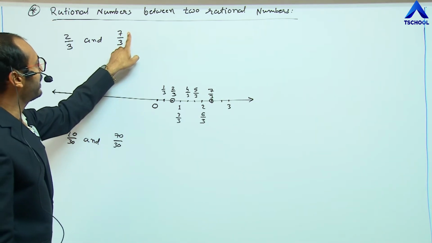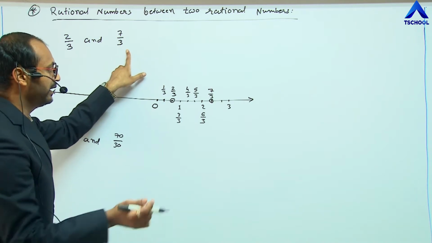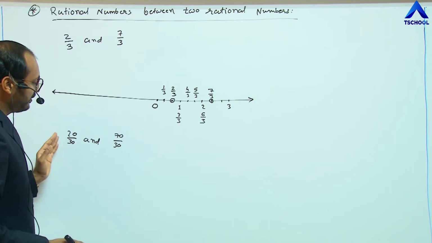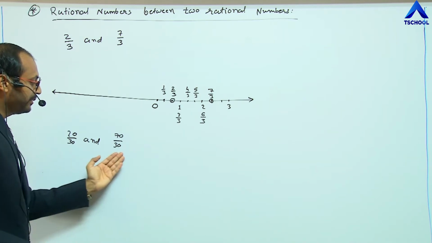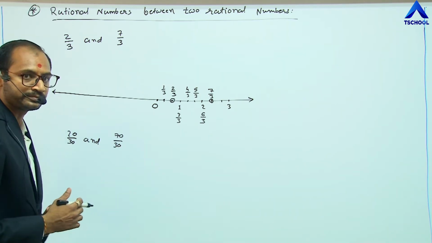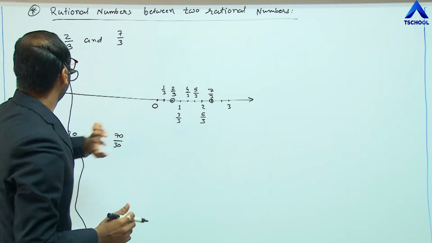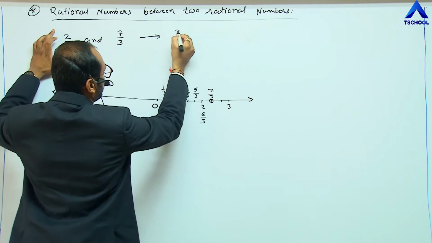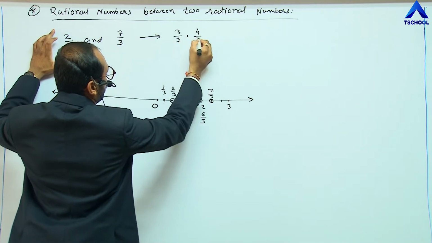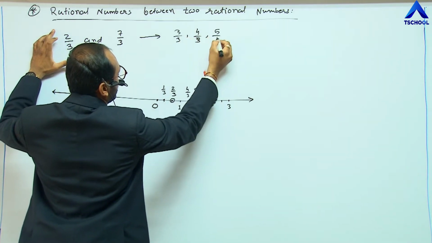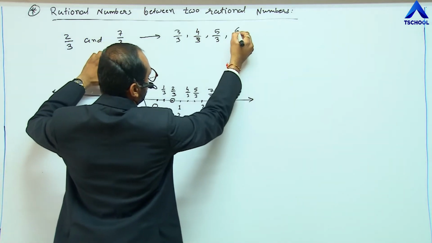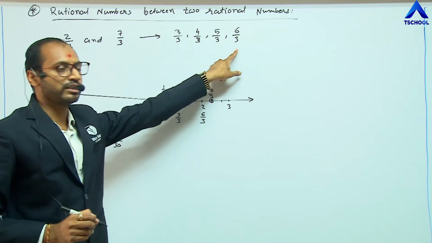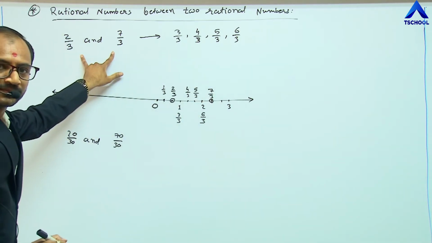So how many rational numbers are in between these two? Here we write the rational numbers in between these two: 3 upon 3, 4 upon 3, 5 upon 3, 6 upon 3. Is it clear? There are 4 rational numbers in between these two.